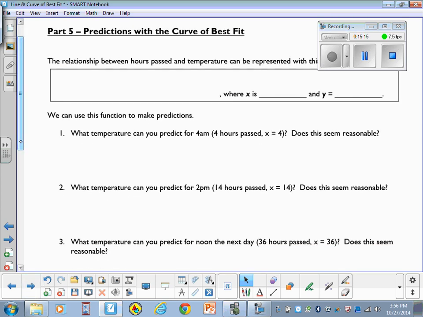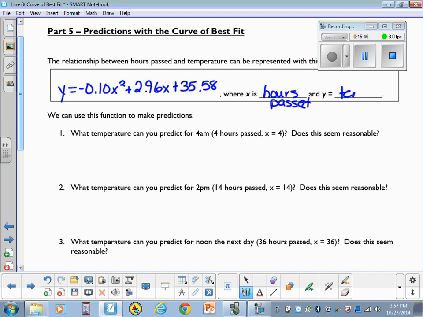So, the relationship between the hours passed and the temperature can be described as y equals negative 0.10x squared plus 2.96x plus 35.58, where x are the hours passed and y is the temperature.